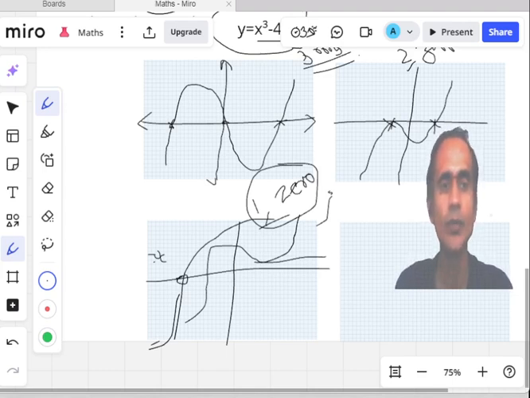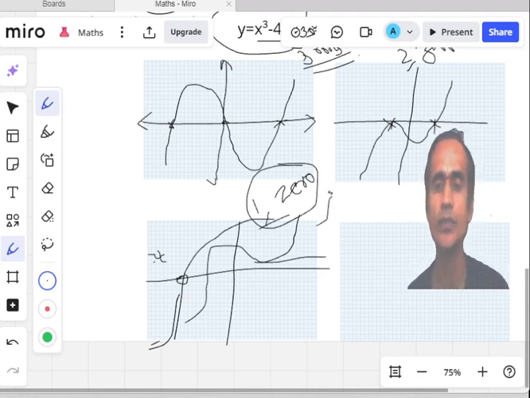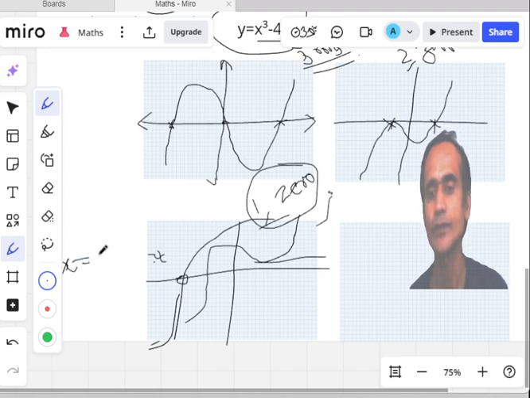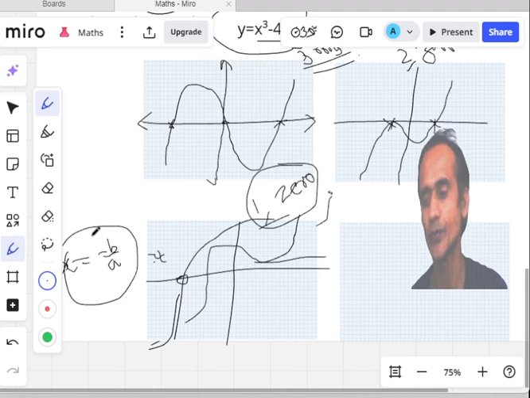So for a linear polynomial, the zero and coefficients are related by the equation x is equal to minus b by a, which is the zero of the polynomial.